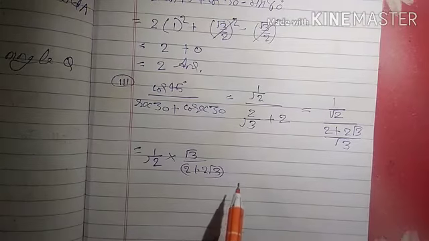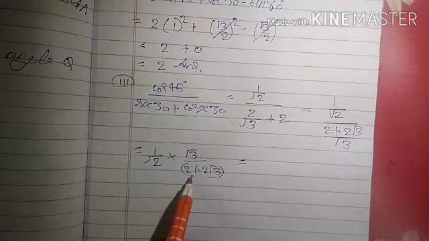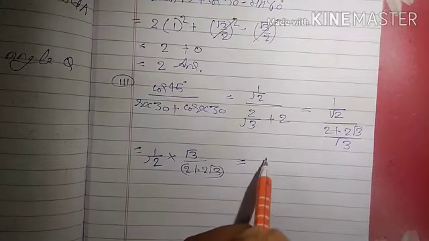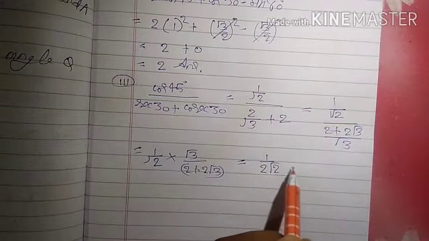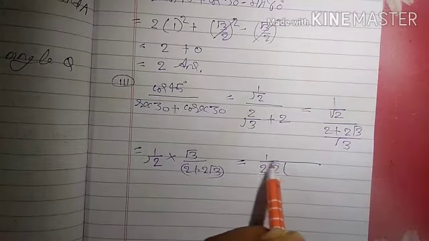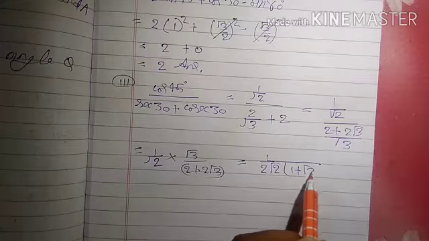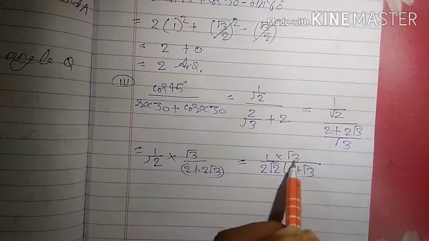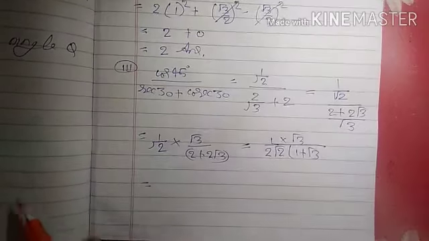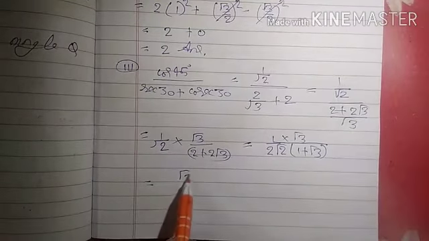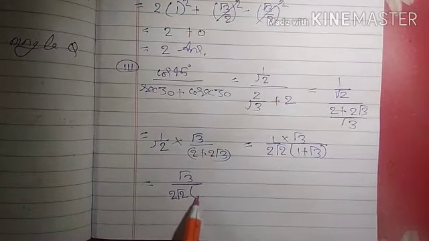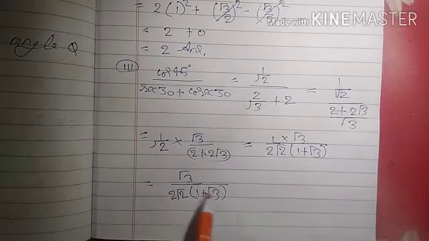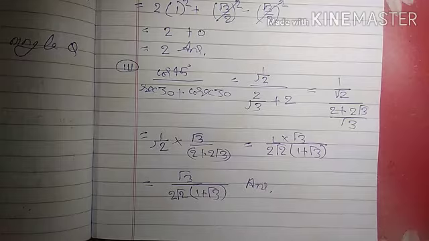So we take 2 common, so that is 1 by 2 into square root 2 bracket 1 plus square root 3 into square root 3. So we can write, that is square root 3 divide 2 square root 2 into 1 plus square root 3, is the answer.